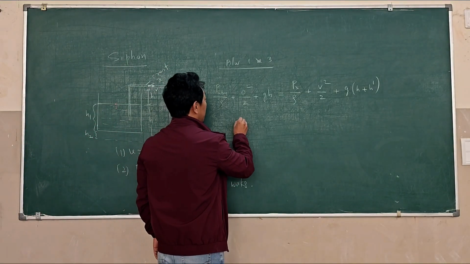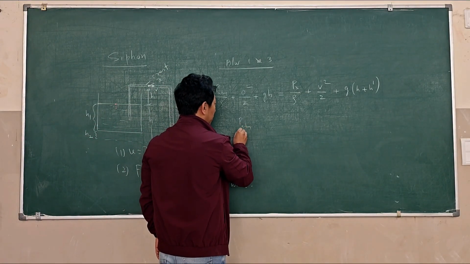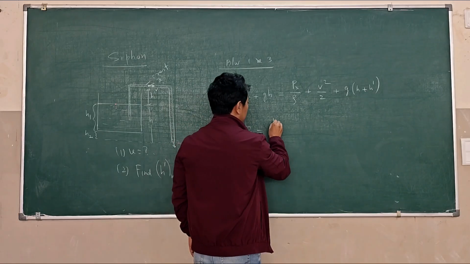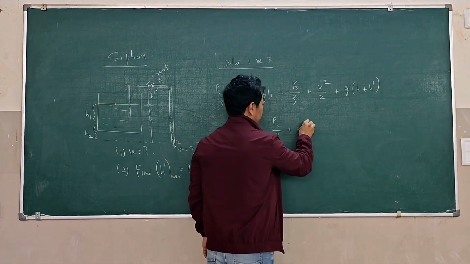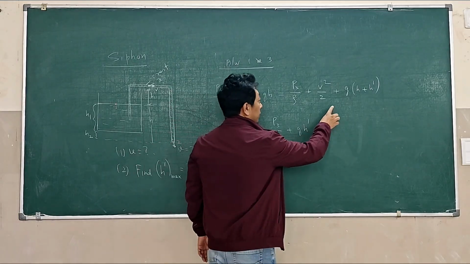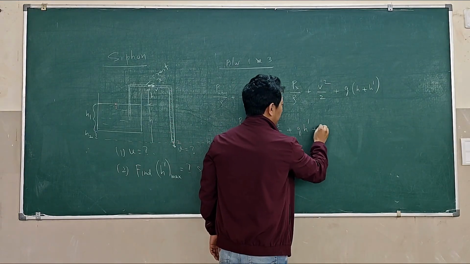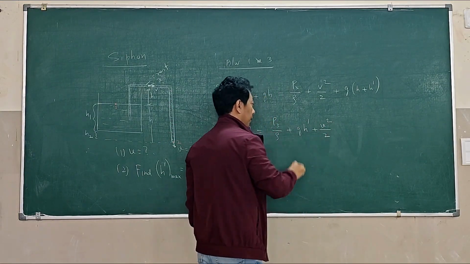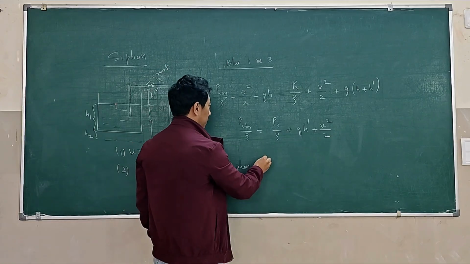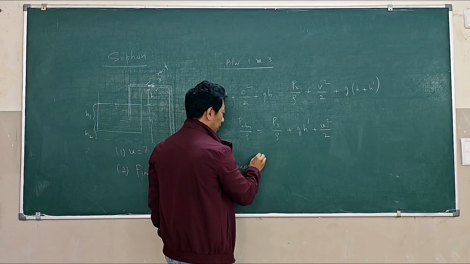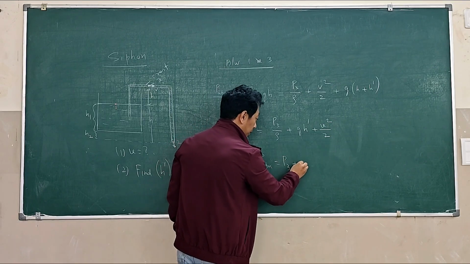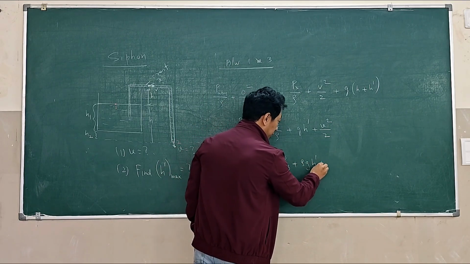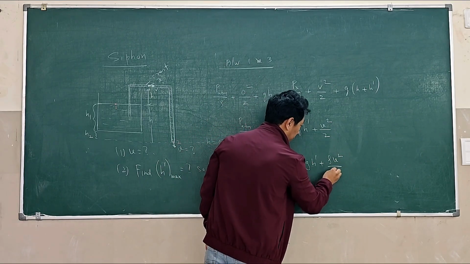Achha, so this will give me P atmosphere by rho, P3 by rho plus gH dash. So this V square by 2 also should be there. So let me multiply with rho. So P atmosphere will be P3 plus rho g H dash plus rho V square by 2.